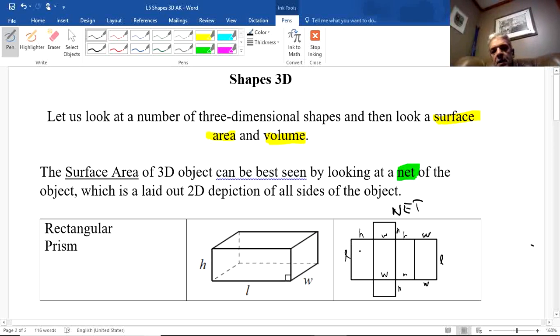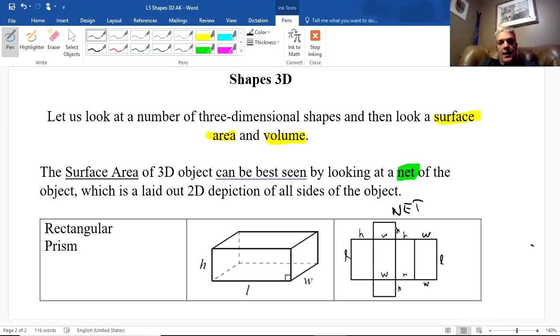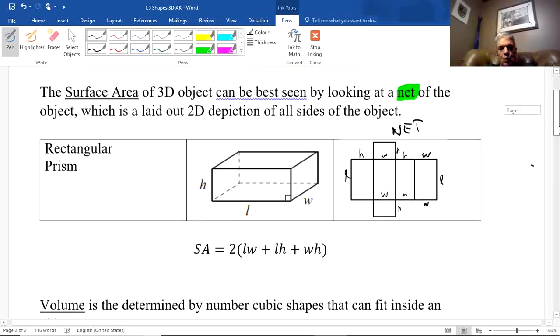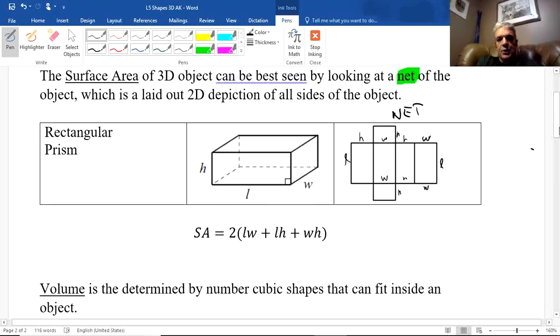Okay, so what you get is a shape that you can fold together to make this rectangular prism, and we use that in particular to determine our surface area. So if I scroll down, my surface area is 2 length times width, 2 length times height, and 2 WHs. If you look around, this is a WL, and there's another WL here, so there's 2 of them.